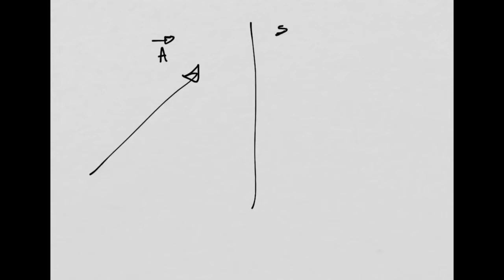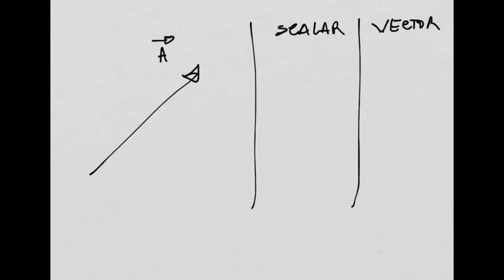This vector here, I'm going to say this is vector A. And what distinguishes this from a scalar, for example, I can write here something like this. Scalar, vector.